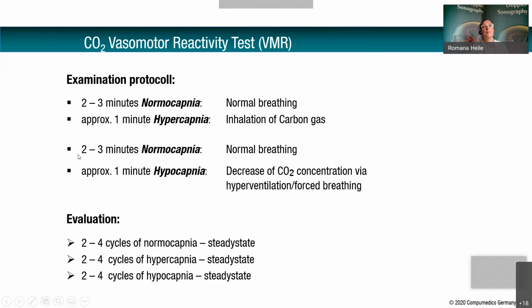Then we have again 2 to 3 minutes of normal breathing to let the patient relax and come back to a normal condition. Afterwards, we look at the hyperventilation area, or let's say forced breathing. And then we do the same evaluation step as before with the regression analysis.